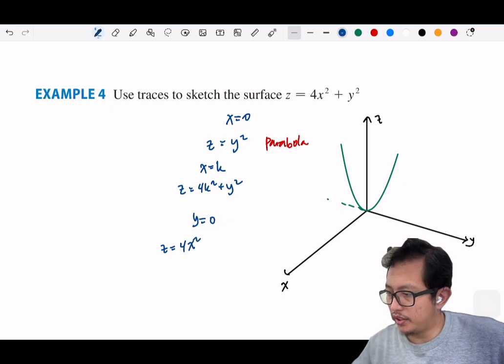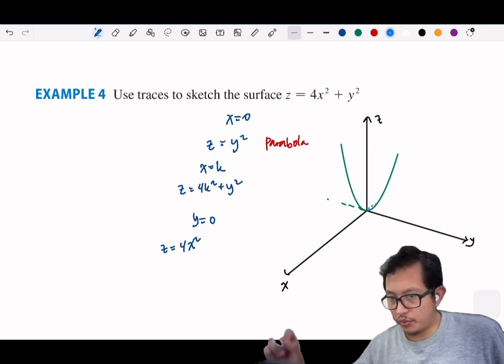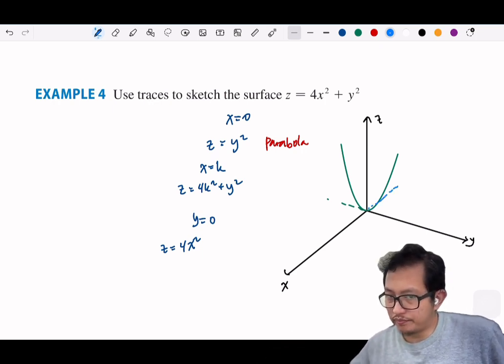And similarly, if we take y equals 0, we have another parabola for x squared. So let's say this is going to be another direction here.